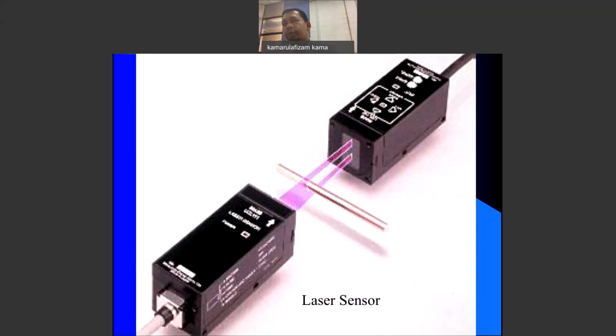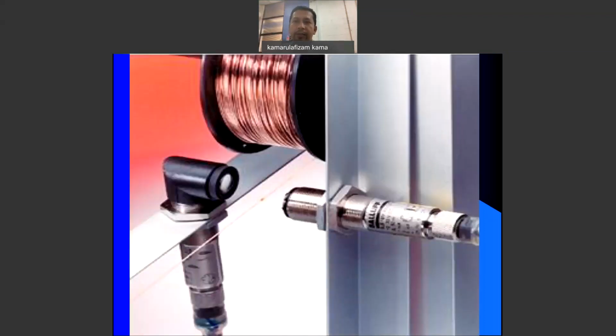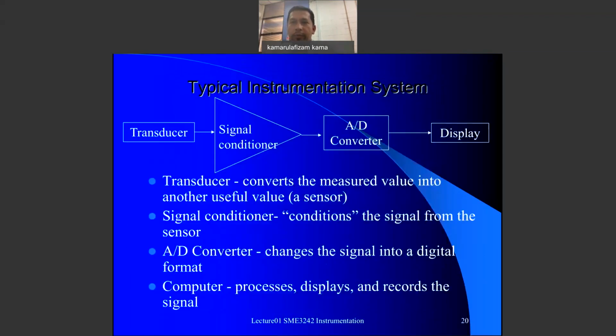So if you use this kind of system, basically you can ensure the consistency of the reading, and you can always ensure that the thickness of this particular wire is the same and standard for all distances. Here is also again a sensor that they use to measure wire thickness, and this is also a good example of the same application.